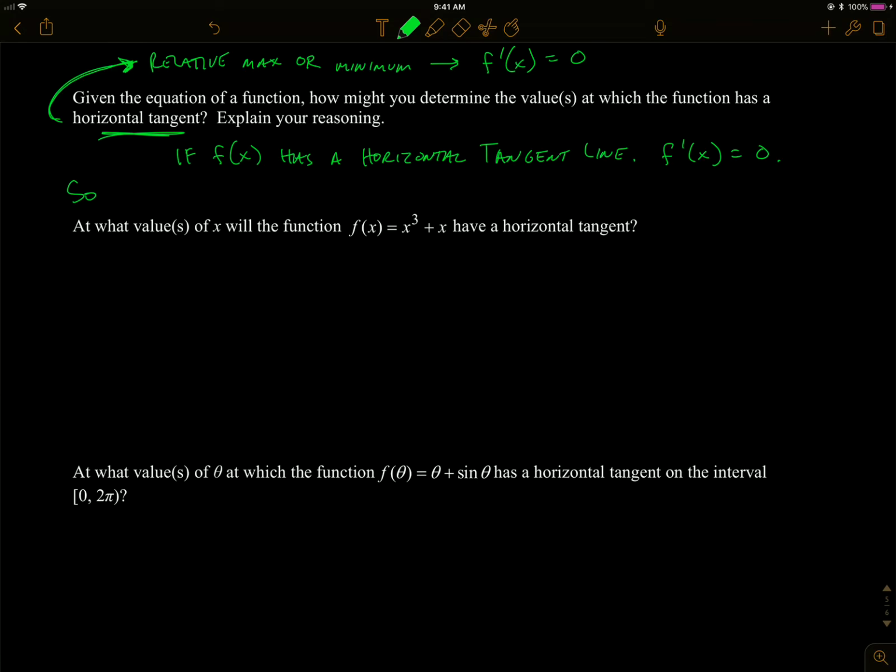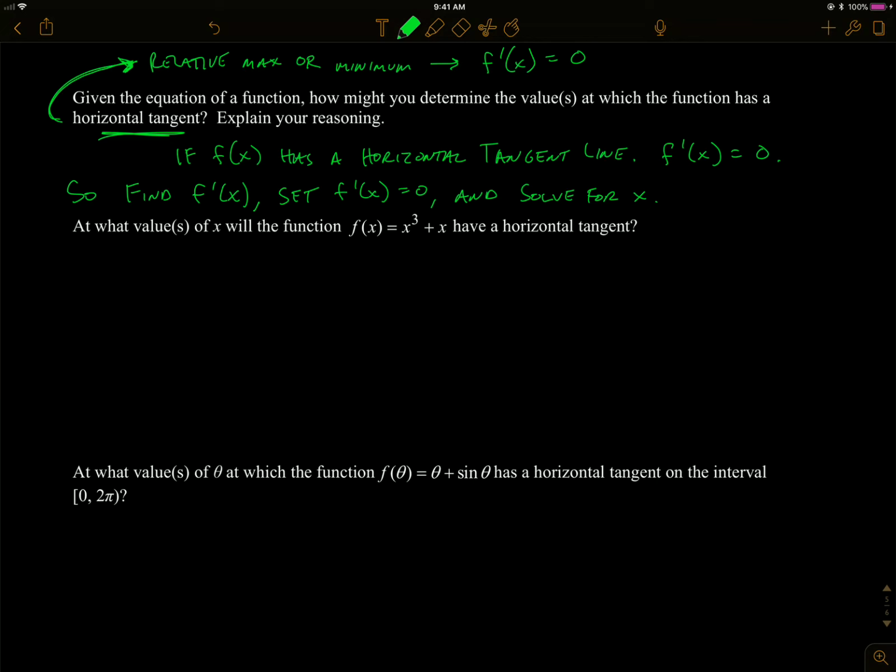So the steps would be: first find the derivative, then set the derivative equal to 0, and then solve for x.